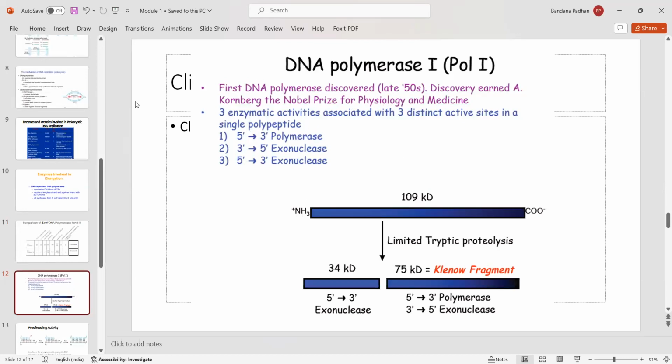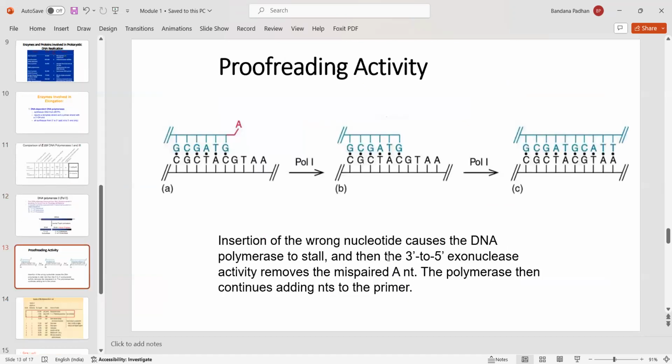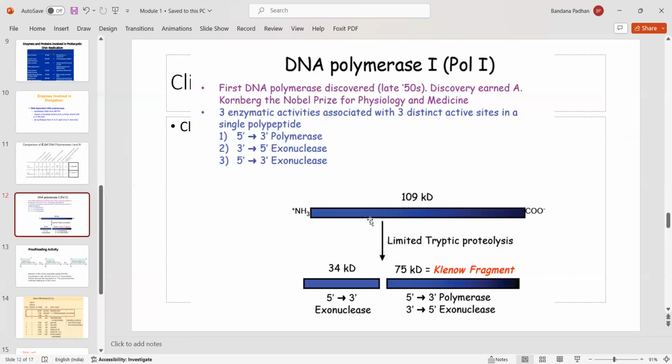DNA polymerase 1 has 5' to 3' polymerase activity, 3' to 5' exonuclease activity, and 5' to 3' exonuclease activity, and it is a high molecular weight enzyme, about 109 kilodalton. If it is proteolyzed, it will be fragmented into a smaller fragment and a larger fragment.